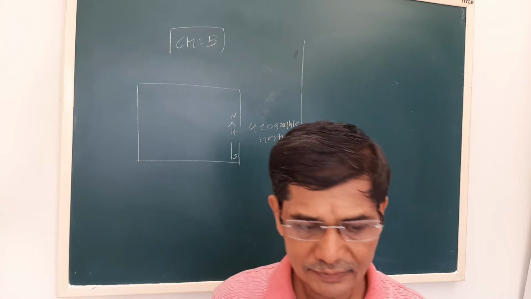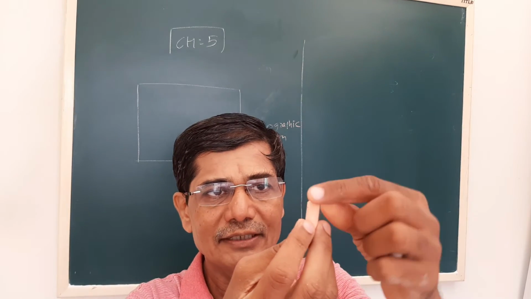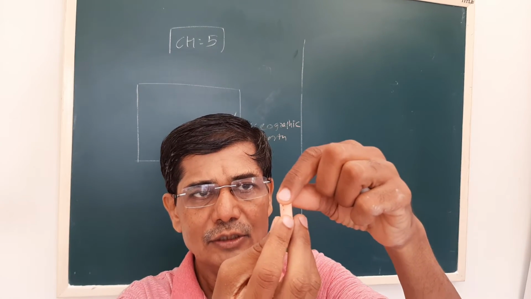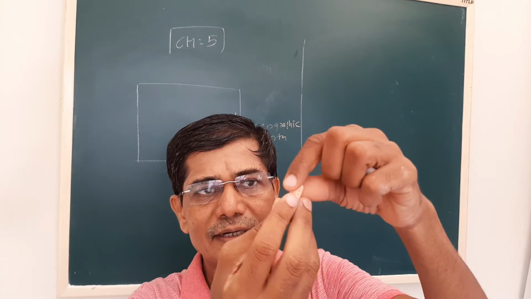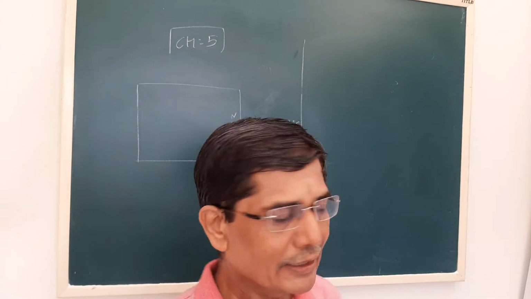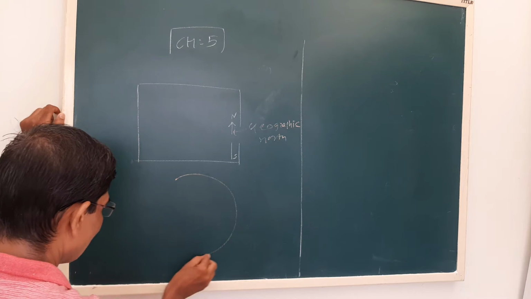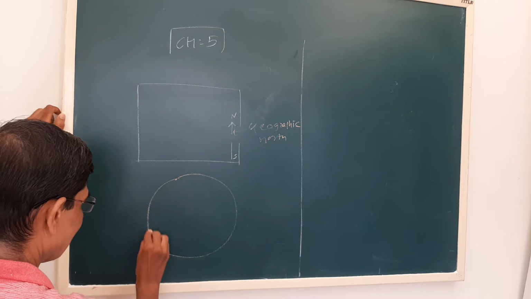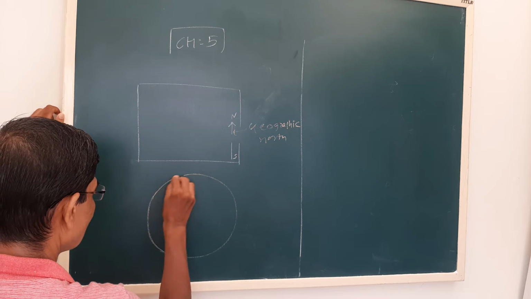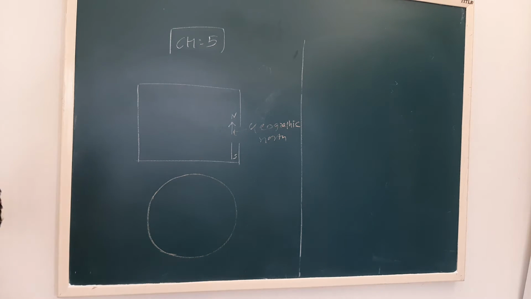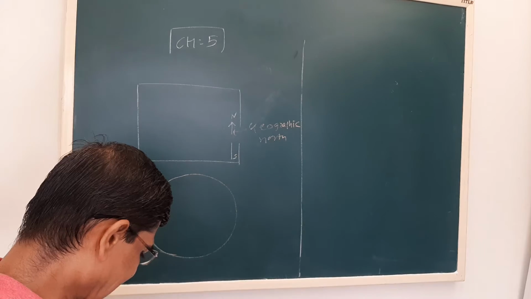But we know Earth does not rotate like this, and Earth is also tilted. So suppose I want to represent it in terms of a sphere, then it will be more convenient for us. Now, as I told, we take a simple example.